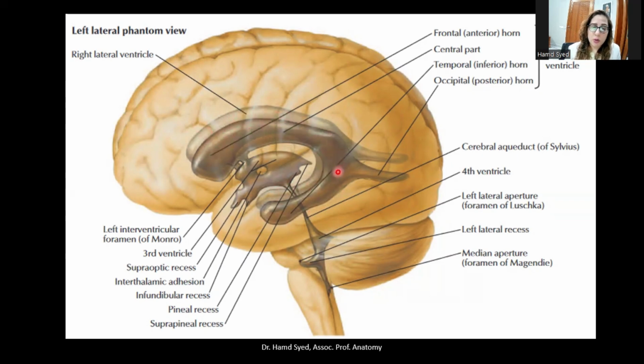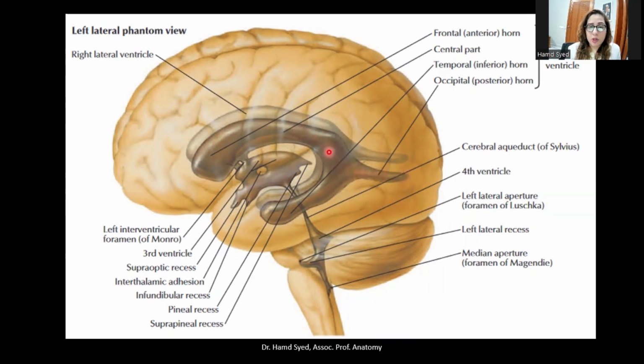If we look at each lateral ventricle, it has this forward projection lying within the frontal lobe, which is called the anterior horn or the frontal horn of the lateral ventricle, whereas this portion here is the body of the lateral ventricle, which is present in the parietal lobe of the cerebral hemisphere.